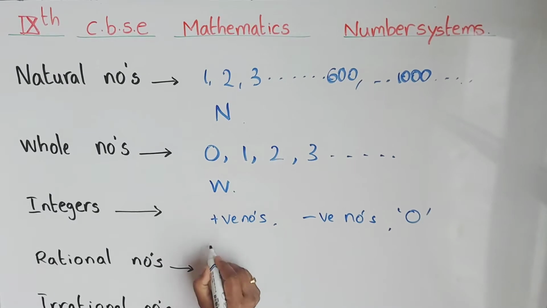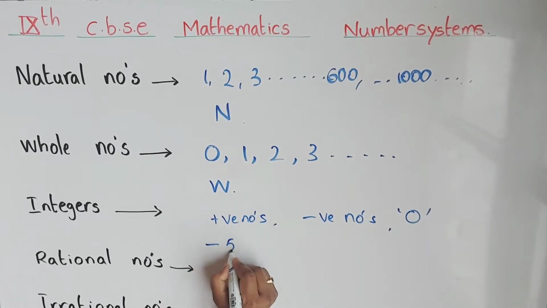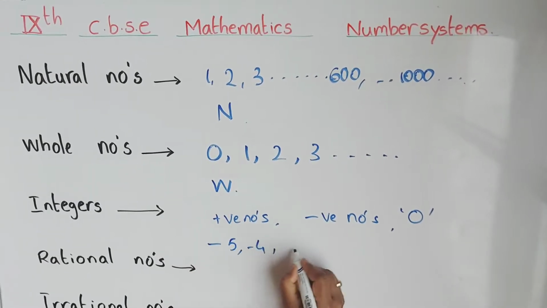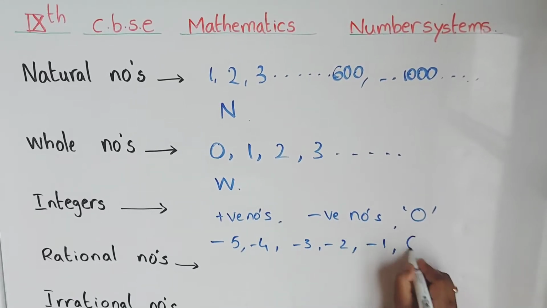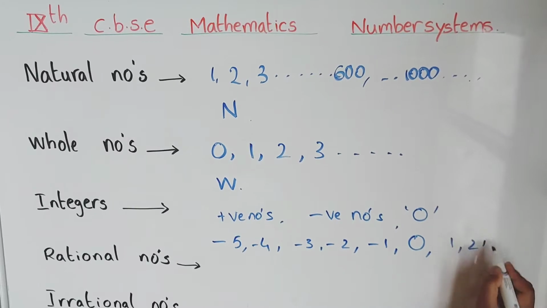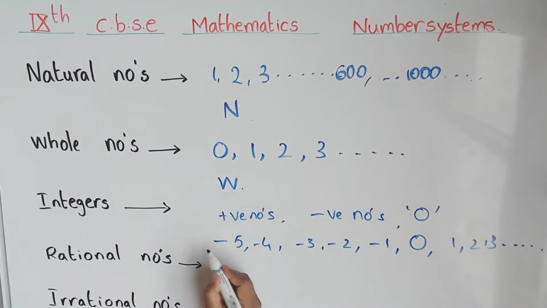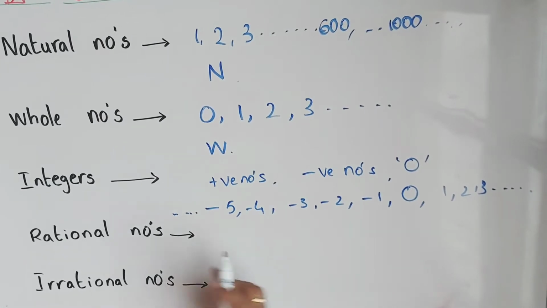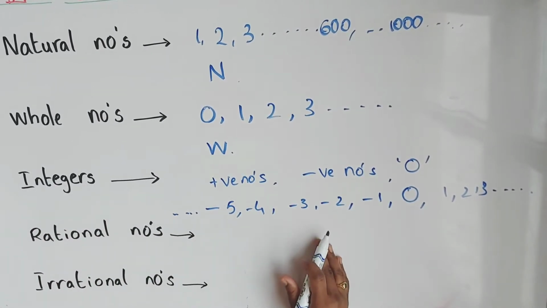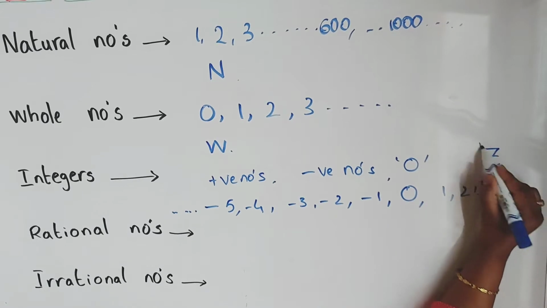So I am writing here minus 5, minus 4, minus 3, minus 2, minus 1, 0, 1, 2, 3, and so on like this. And here also so on. Integers are denoted with the letter Z, children.